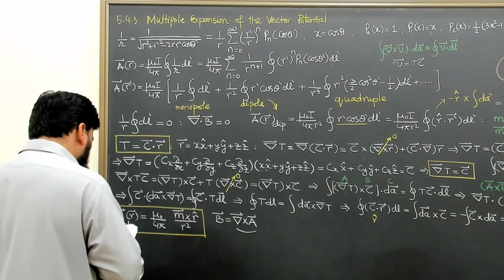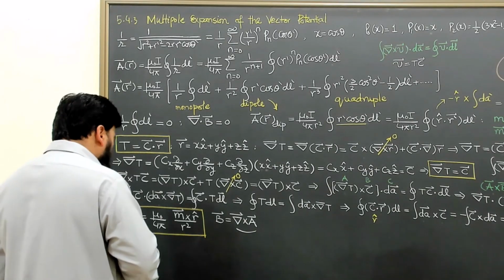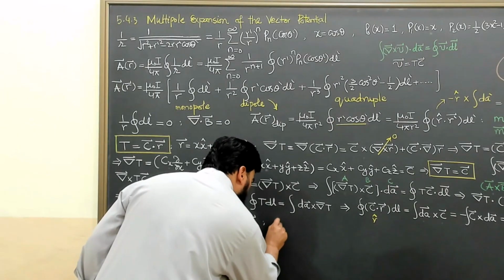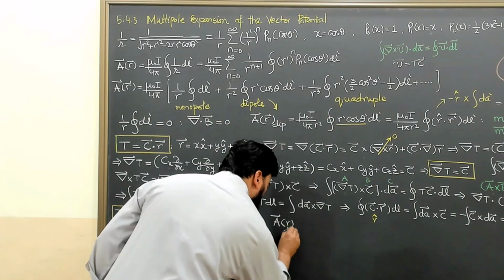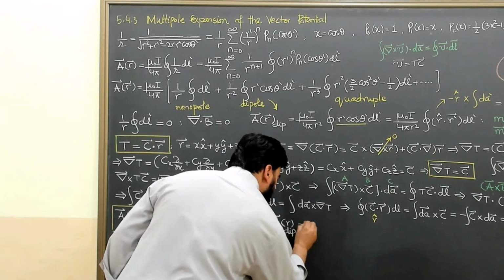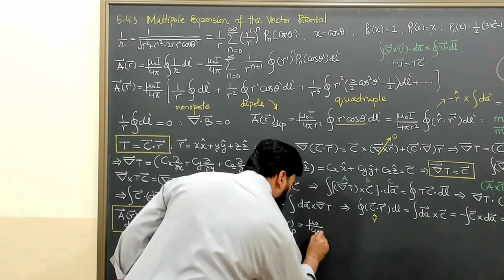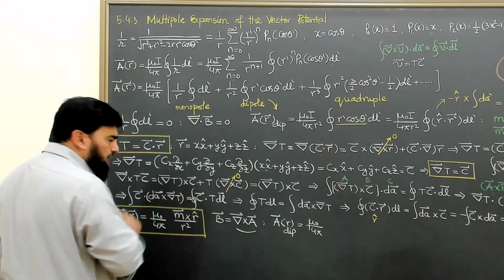The A of r for a dipole is mu naught over 4 pi, and then m cross r unit vector.